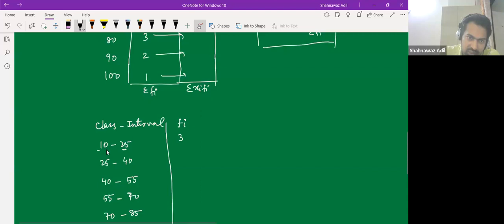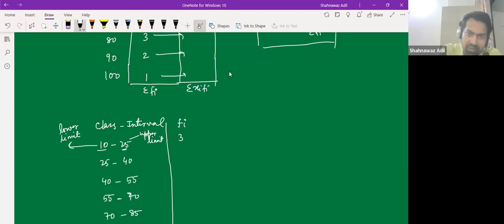This will be called the lower limit, and this would be called the upper limit. In the class interval, we don't count the upper limit, so 25 is not counted.